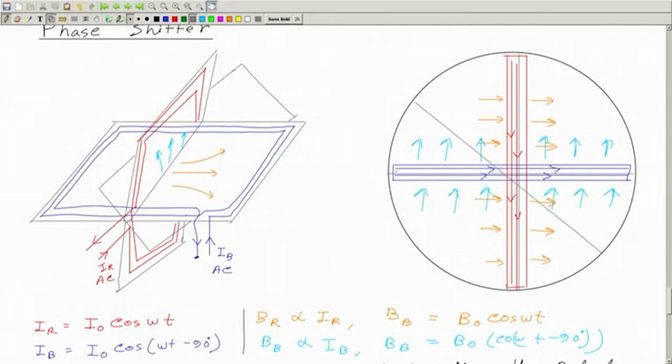In the front view, this is the third plane, and it has another coil. Let me draw that coil with green. Starting from here, it goes like this, comes like this, and then we can have more turns.